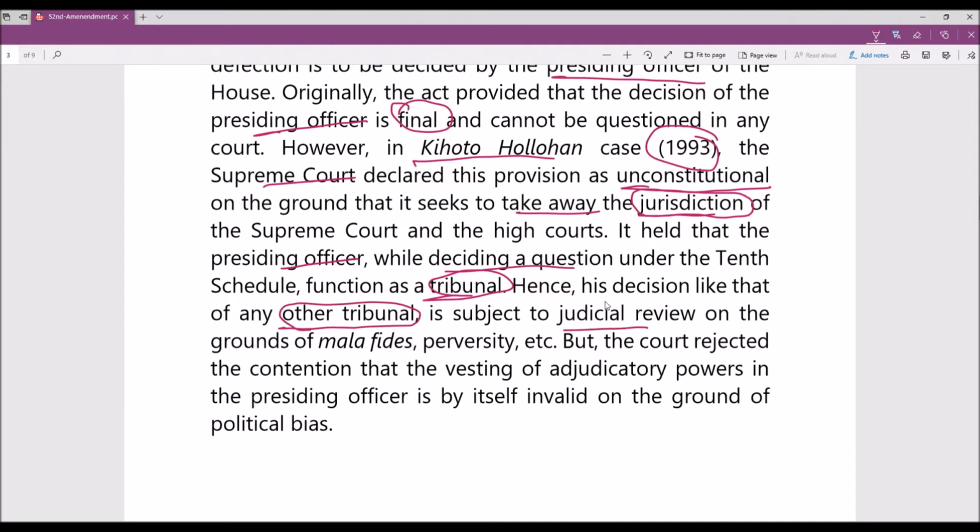So it is decided by the judiciary, that is, the Supreme Court or High Court, on the grounds of malafides, perversity, etc. So the court rejected the contention that vesting adjudicatory powers in the presiding officer is itself invalid. So the final decision is not the decision of the Speaker. It will be decided by either the High Court or the Supreme Court.